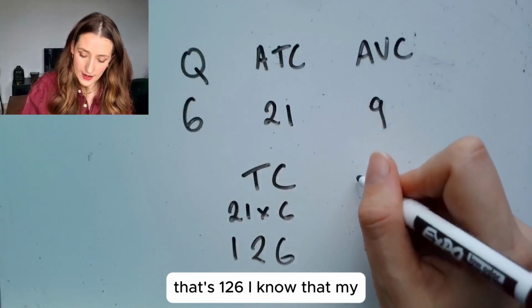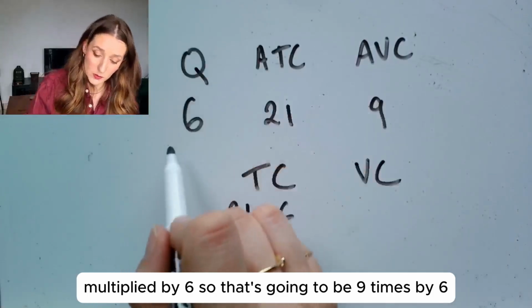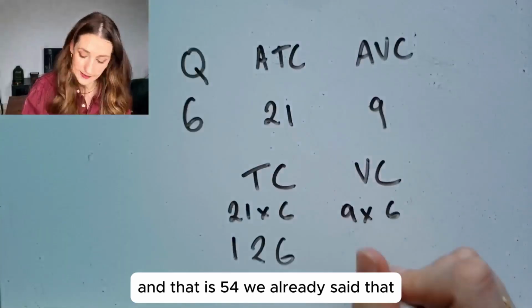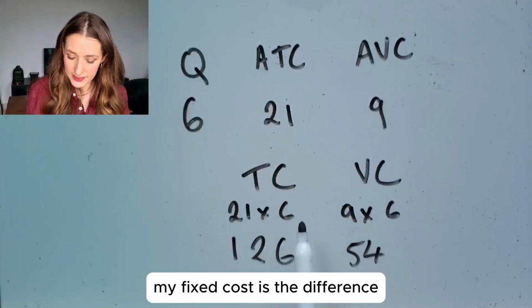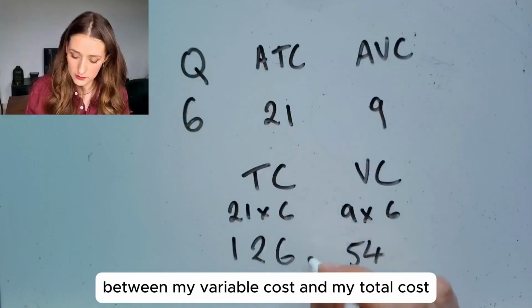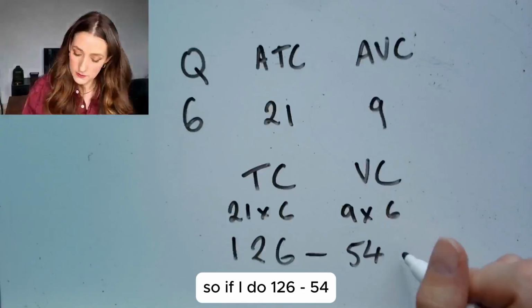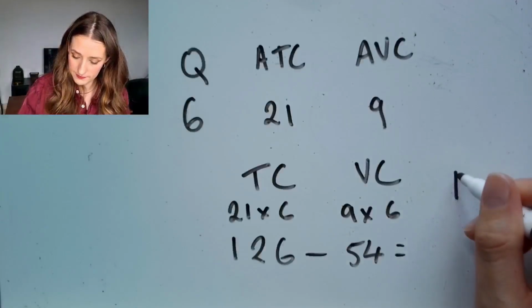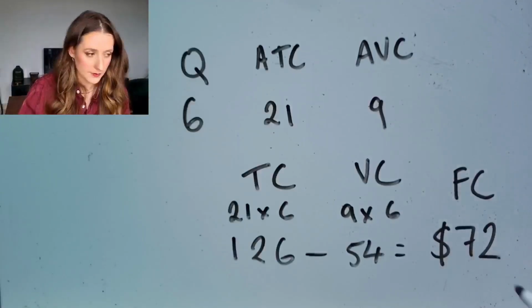I know that my variable cost is my average variable cost multiplied by 6. So that's going to be 9 times 6, and that is 54. We already said that my fixed cost is the difference between my variable cost and my total cost. So if I do 126 minus 54, it is going to be a fixed cost of $72.